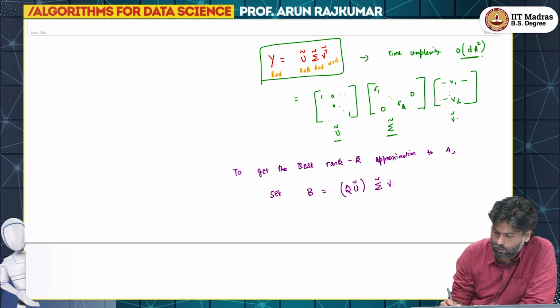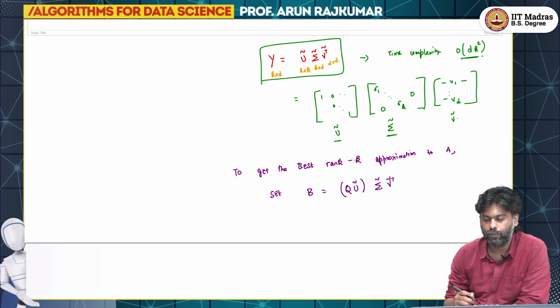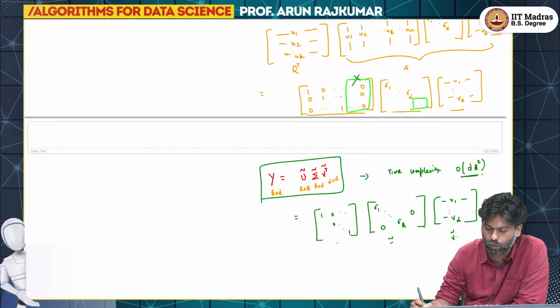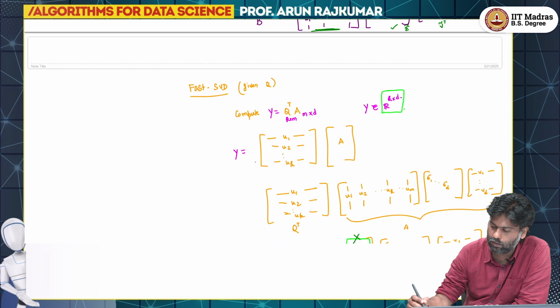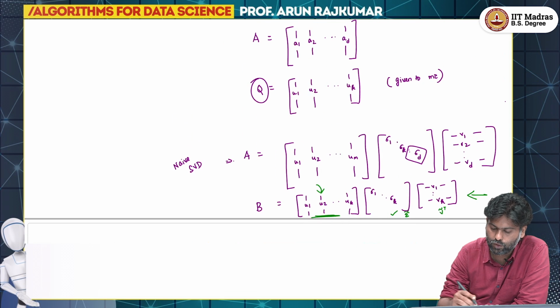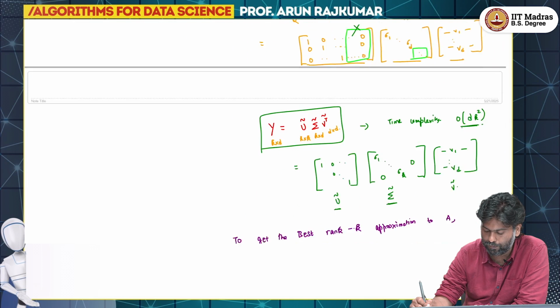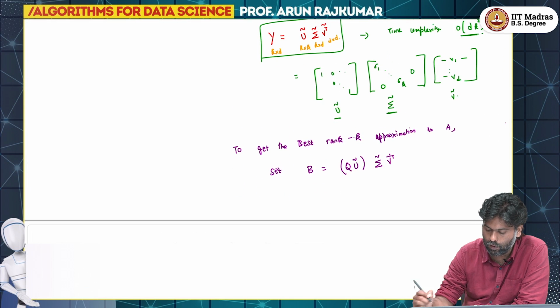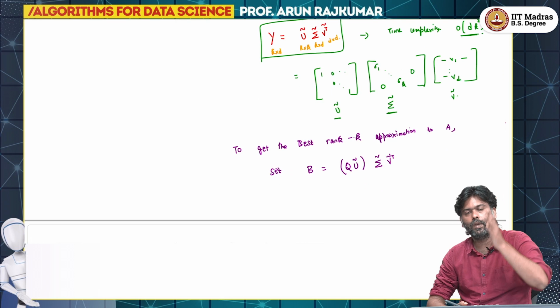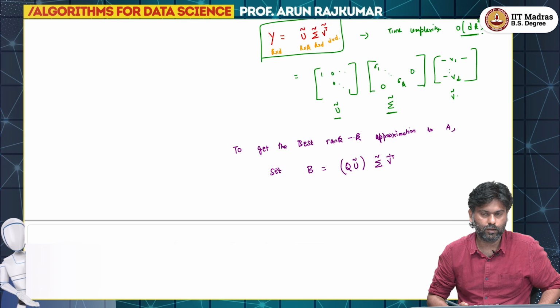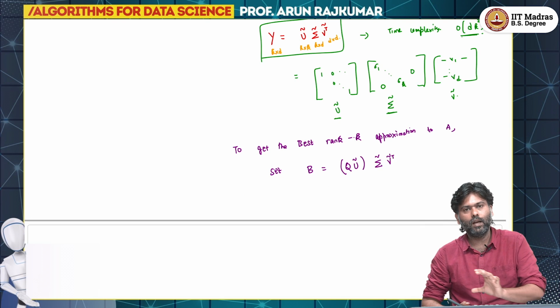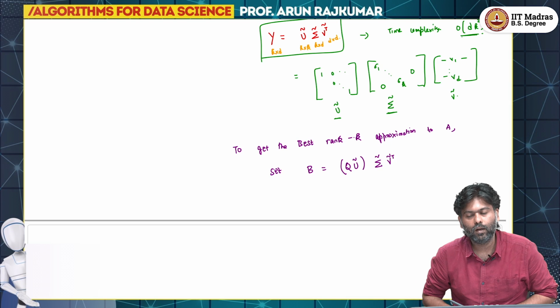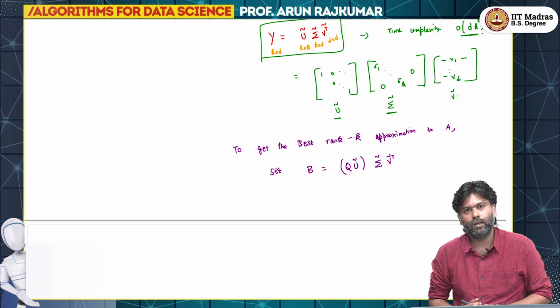sigma tilde V transpose. Remember, what is Q? Q is just our bunch of K vectors, right. Q just has the top K left singular vectors. So, when I multiply it with an identity matrix here, all I am going to get is exactly the same top K vectors.